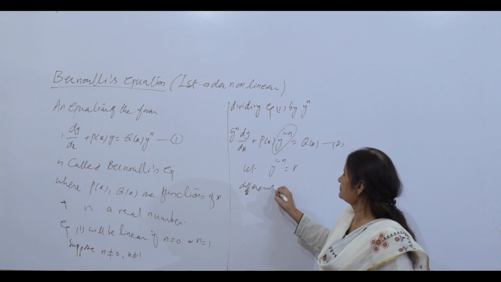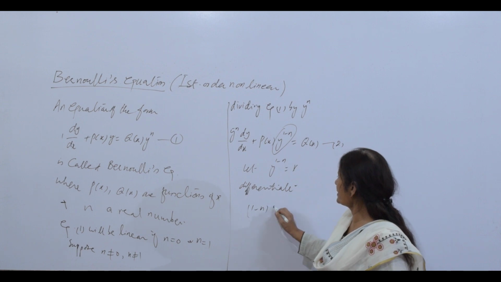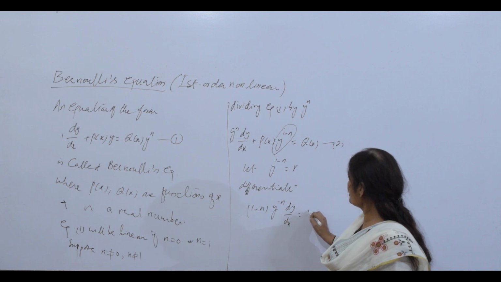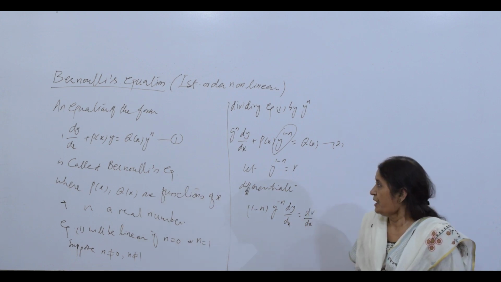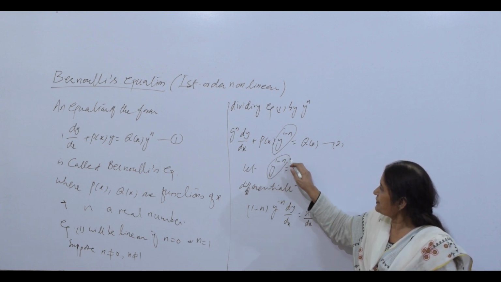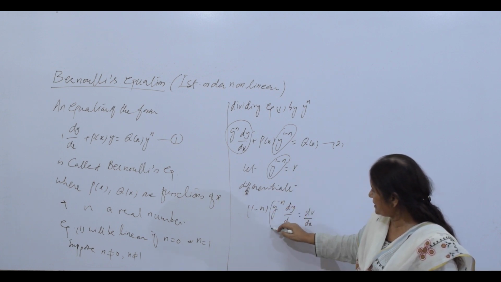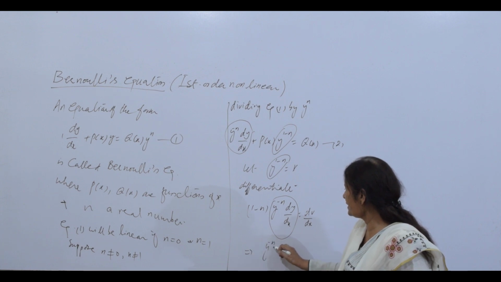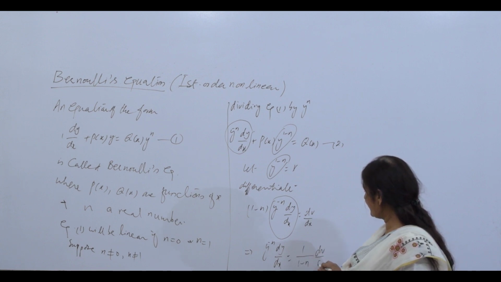If you differentiate, this is (1-n) y^-n dy/dx equal to dv/dx. Look at that. Once you name this as v, this term automatically appears here. This implies y^-n dy/dx is equal to 1/(1-n) dv/dx.